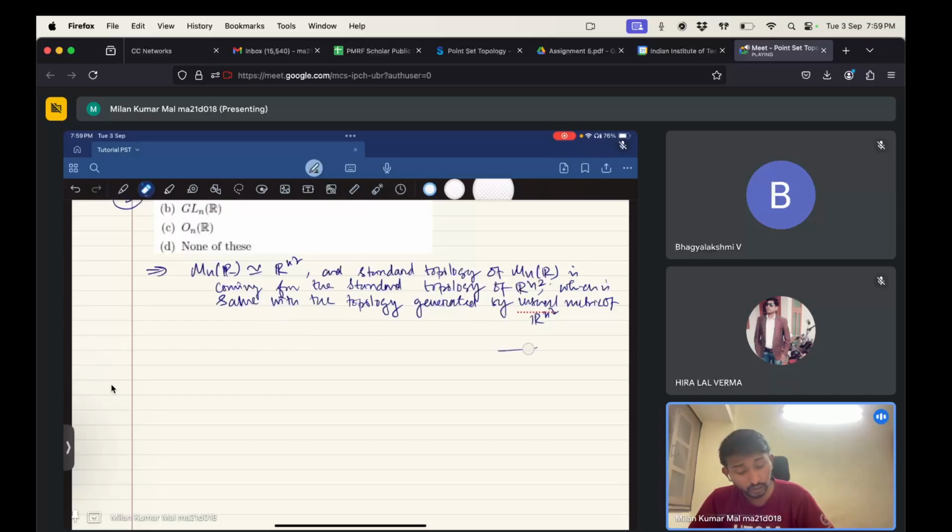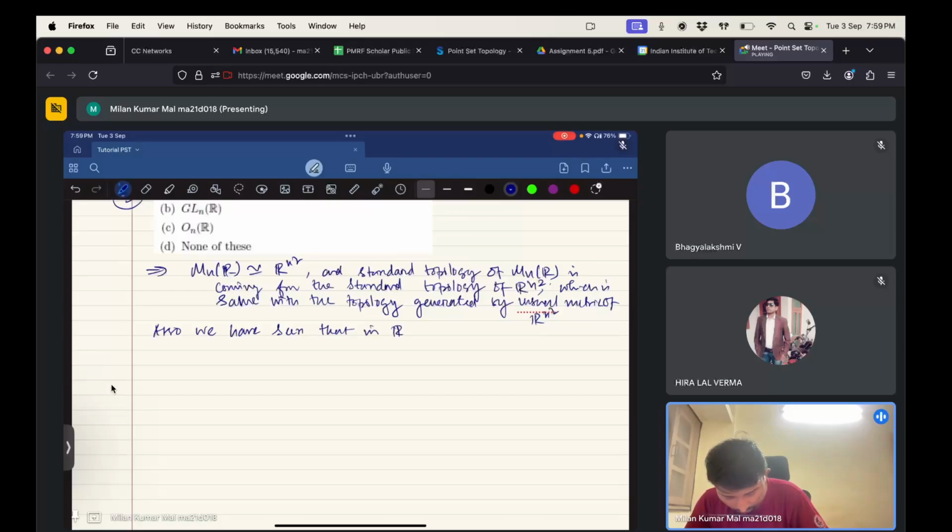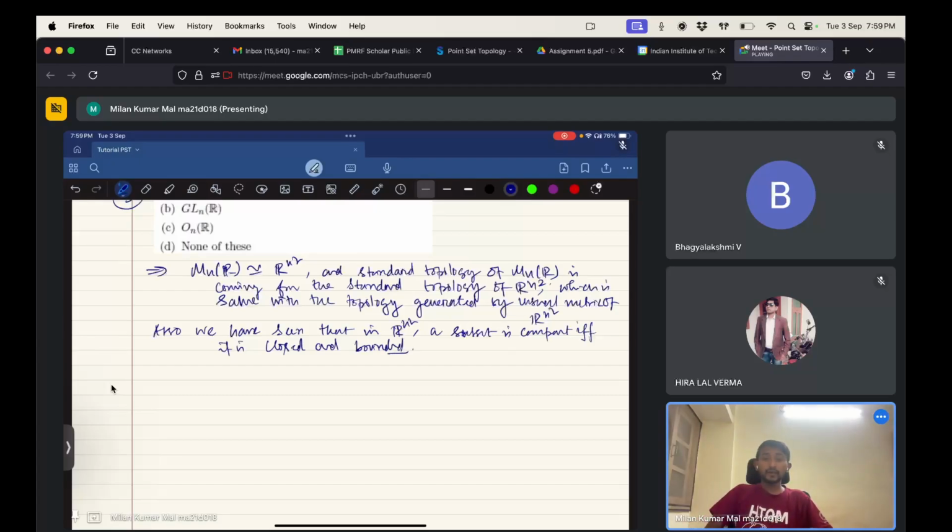Also, we have seen that in R to the power n square, a subset is compact if and only if it is closed and bounded. So in MnR, if I want to say that a set is not compact, I only need to show that it is either not closed or not bounded.